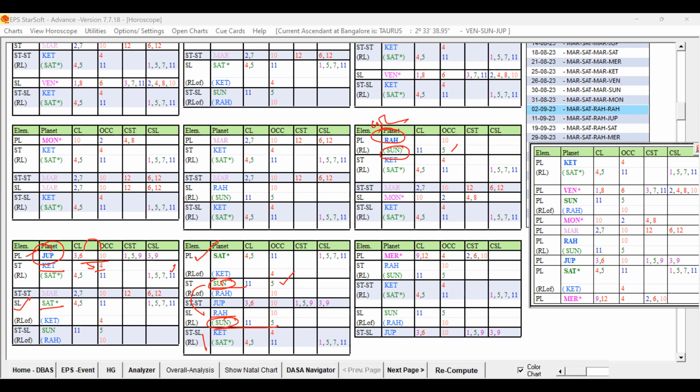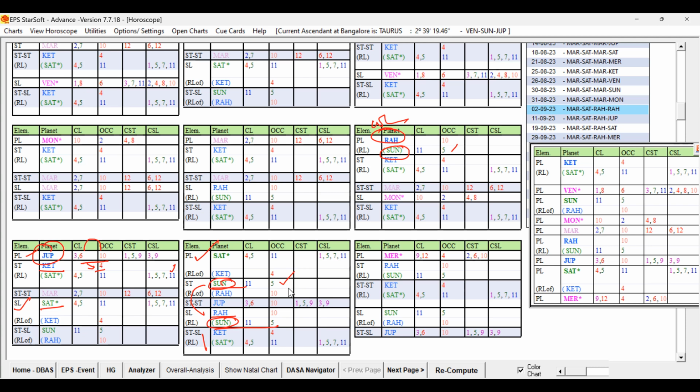Let us check the other planets, right? Saturn is good, but the star level planet is having some weakness because of the absence of Saturn, and the sub level is also the same planet, two levels.